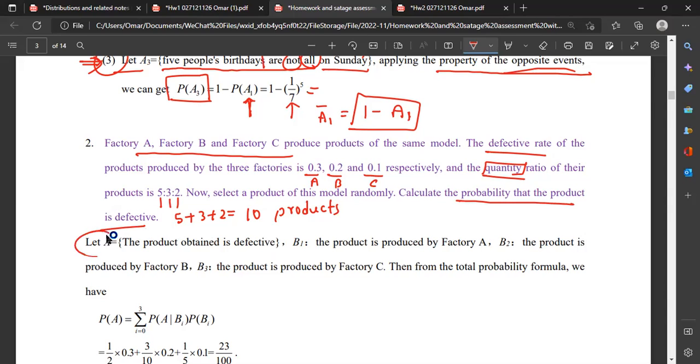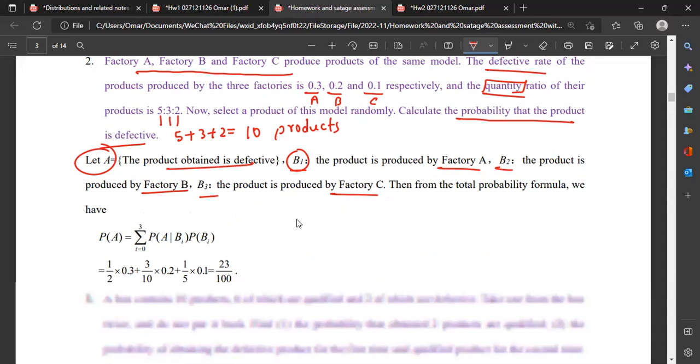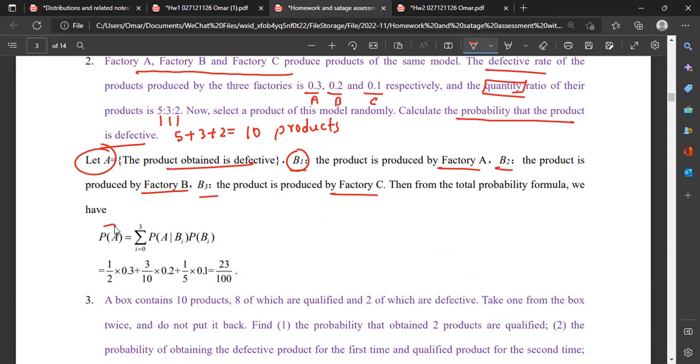So let's say A is the product is defective, and B1 is the product is manufactured by factory A, B2 is produced by factory B, and B3 is factory C. And then from the total probability formula, we know that total probability P of A, the product is defective, right?